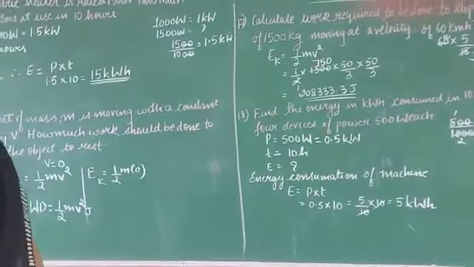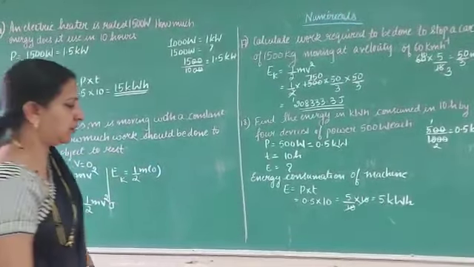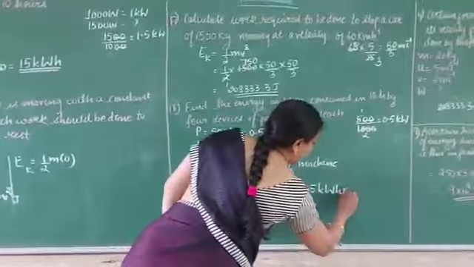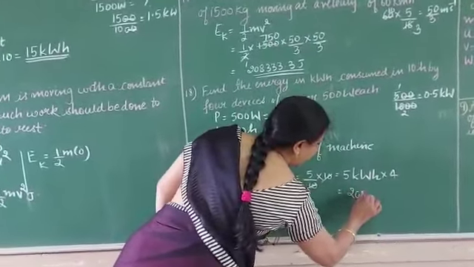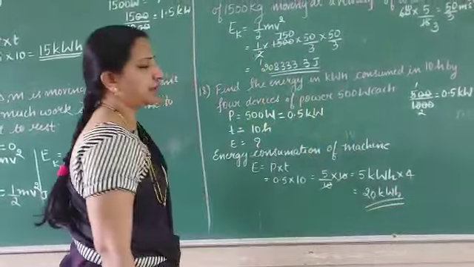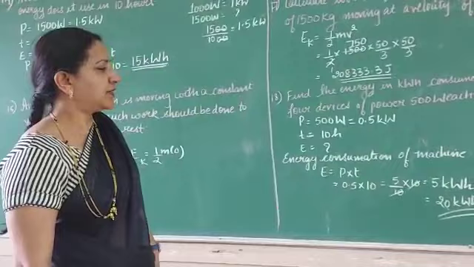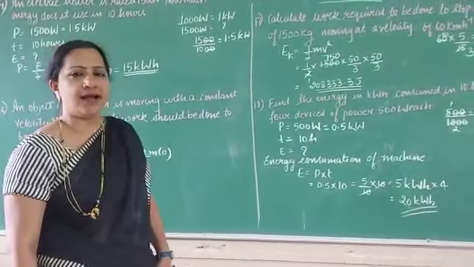Multiply that by 4, because there are 4 machines. That means it is 20 kilowatt hour. So the energy consumption by 4 machines will be equal to 20 kilowatt hour.